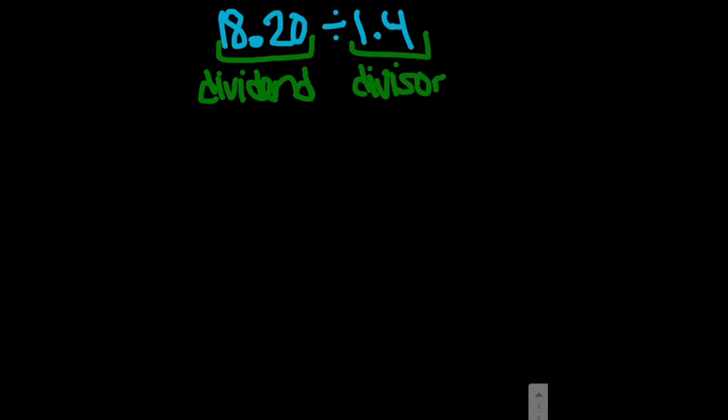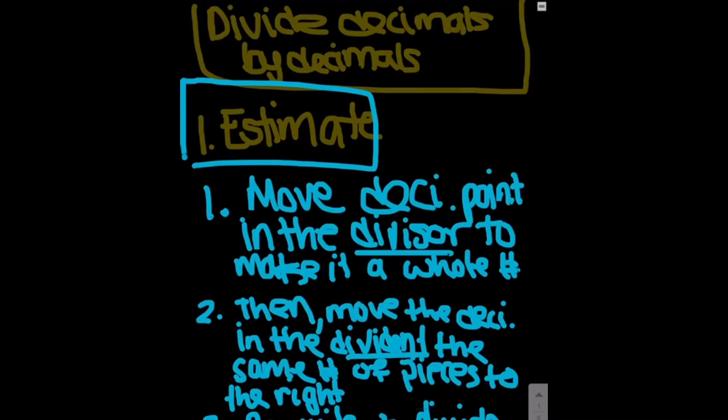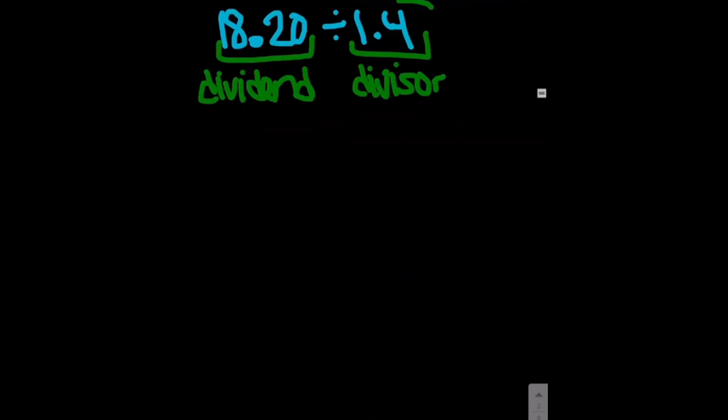Now we should follow the steps. So let's go back here. The first step was to move the decimal point in the divisor to make it whole. So the first thing we're worrying about is the divisor, because to divide any number by a decimal is a little bit harder. So let's do that first. How can we make this a whole number? Timesing it by 10.